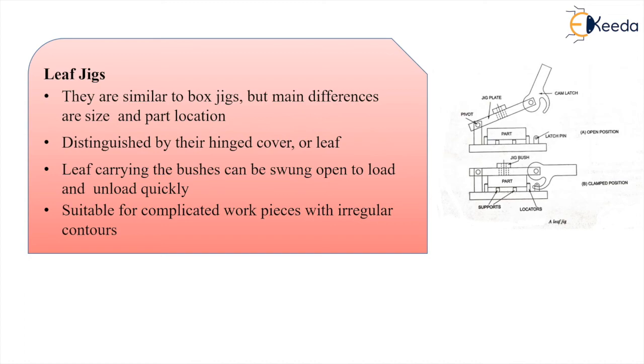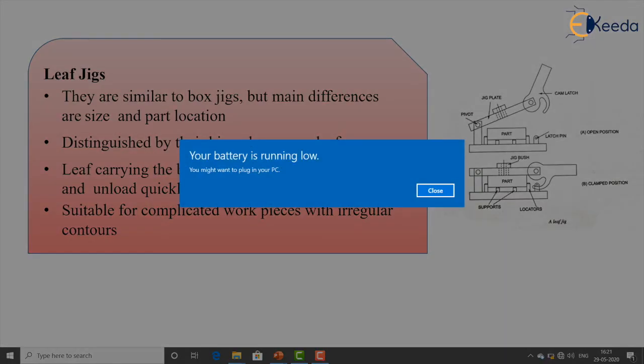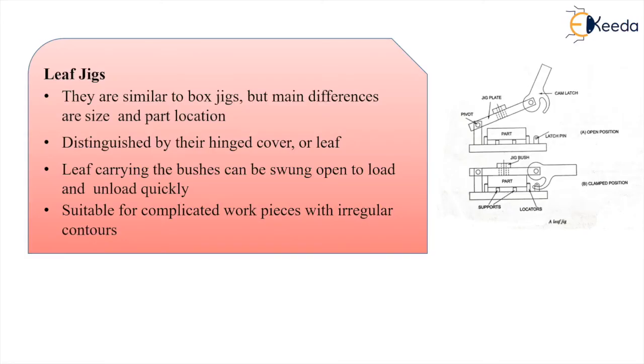Next we are having the leaf jig. See, they are similar to the box jigs, but the main difference is the difference of size and part location. They are distinguished by their hinged cover or leaf carrying the bushes.